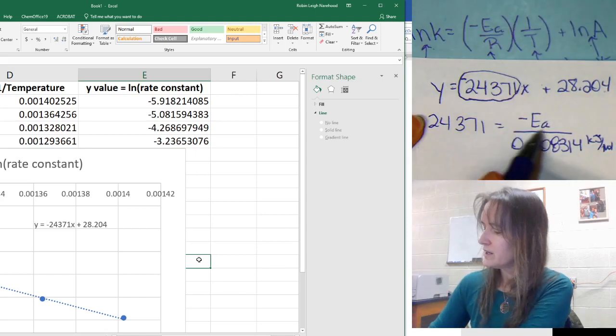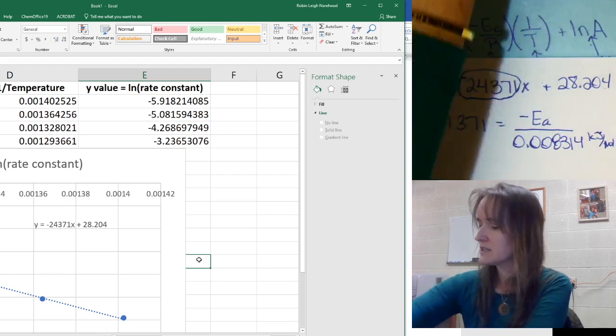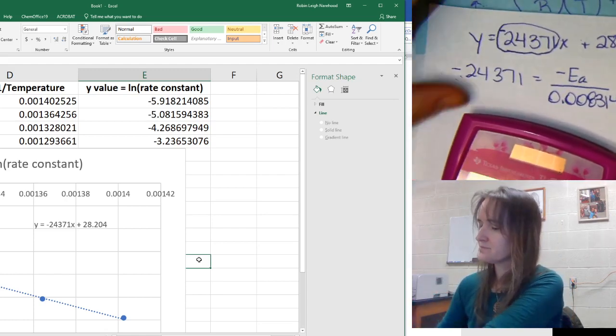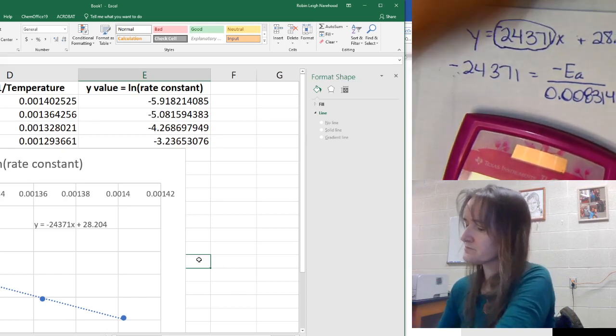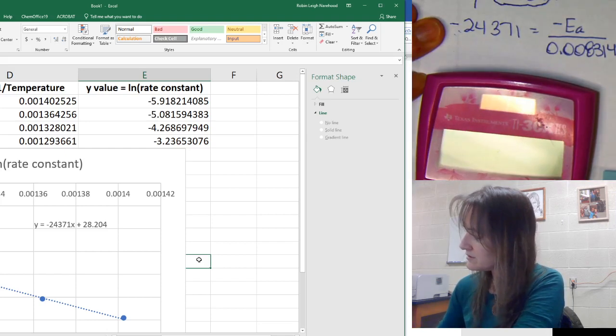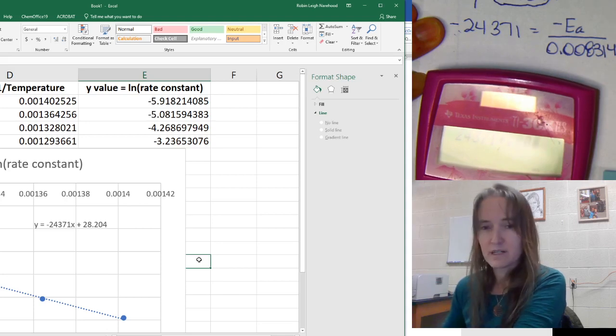So our unknown is activation energy. We have the slope value and we have the gas constant. So just rearrange this equation, and you get 24,371 times the gas constant.